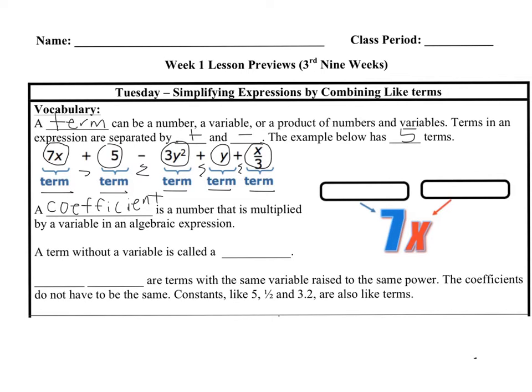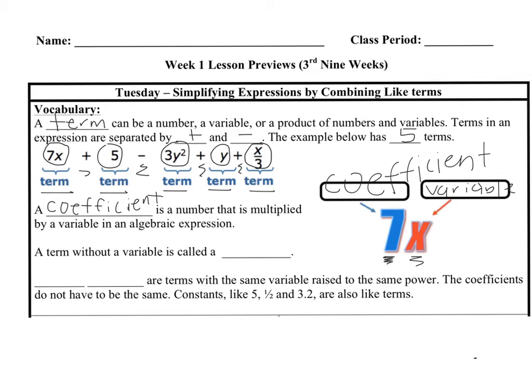So right here, 7 is the number that is multiplied by the variable, which is x in this algebraic expression. So 7 is going to be our coefficient, and our x is our variable. Next we have constant.